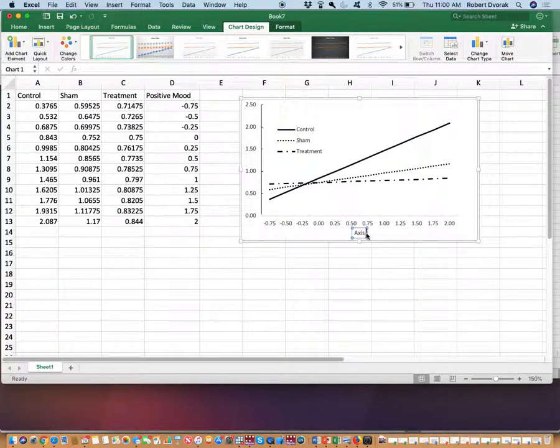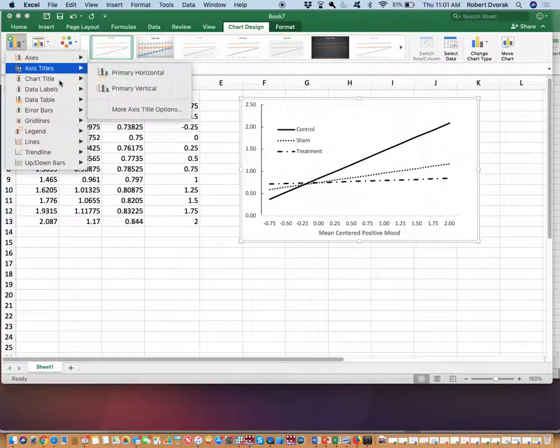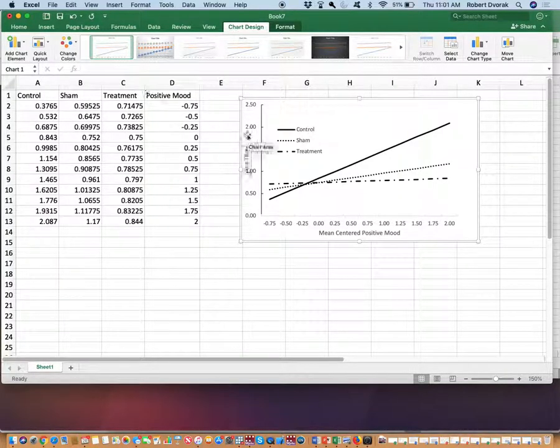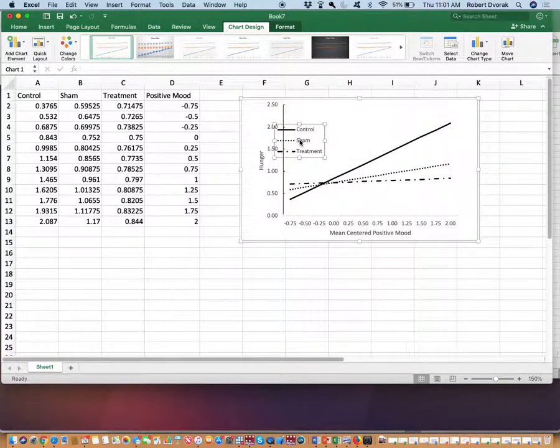So this should be mean centered positive mood, and chart element, what was this one again? This was hunger? Hunger. Something like that.